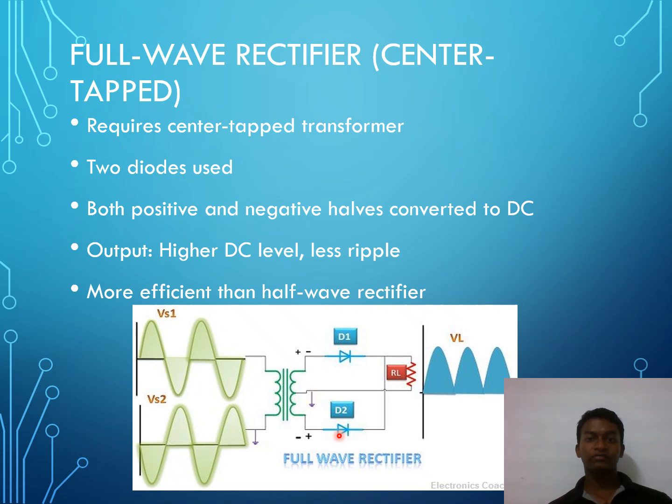When the negative half cycle of AC passes through the primary winding of the transformer, then due to mutual induction, the top of the secondary winding becomes negative, and the bottom of the secondary winding becomes positive. So due to this, the diode D2 conducts and D1 doesn't conduct. As a result, both the positive and negative half cycles are conducted.